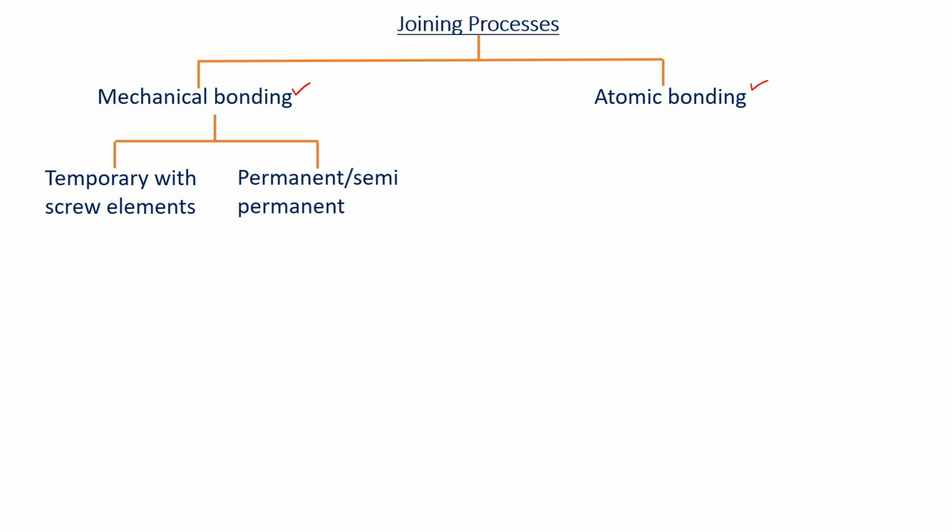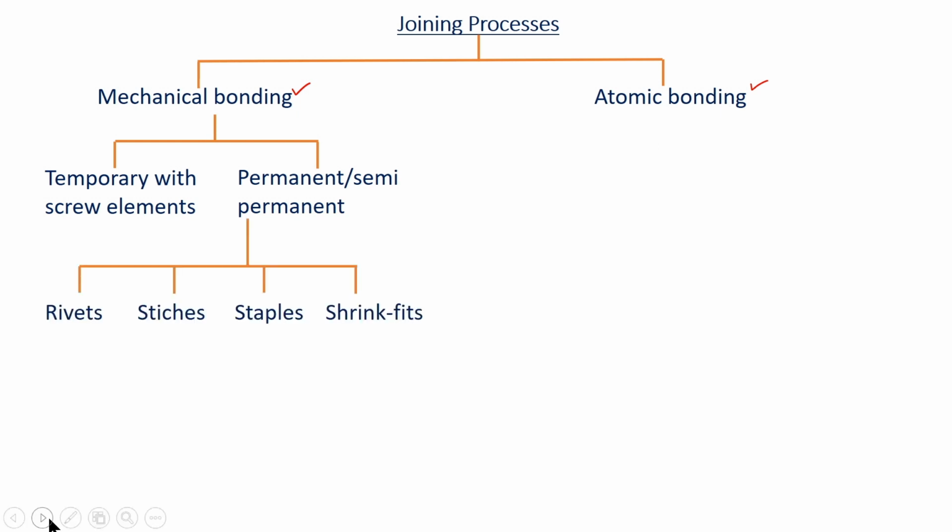But we can have the permanent mechanical bonding as well. So, for that purpose there are many options available to us. Rivets can be utilized, the work parts can be stitched together, we can staple them together, we can use stapler pins. We can have the shrink fit. The shrink fit, for example, if you want to fasten mechanically two tubes, the diameter of one tube is larger than the other tube.